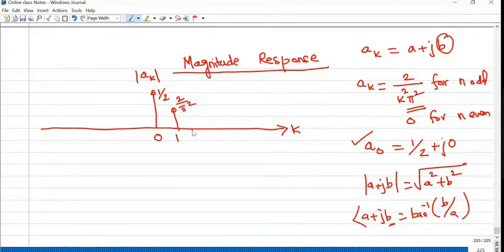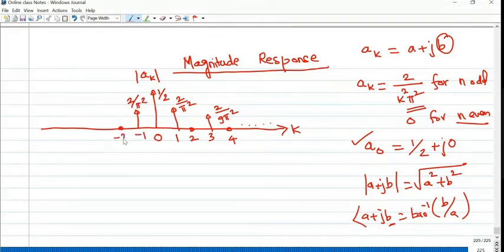Next, k equal to 2: for even n, ak is 0. For k equal to 3, 2 divided by 3 square pi square, that is 2 divided by 9 pi square. And for k equal to 4, 0, and so on. At least a minimum of 4 samples you have to show. This is the modulus value, root of a square plus b square. Even if you substitute k equal to minus 1, you will get 2 divided by pi square.